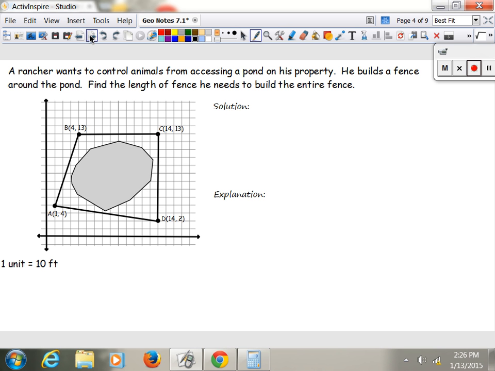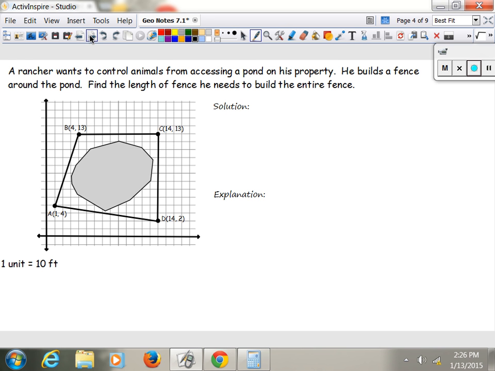Okay, so what would we do first? What would be the first thing, if you look at that picture? Is there any two sides that you could find right away? Wouldn't you want to find the horizontal and the vertical just by counting?